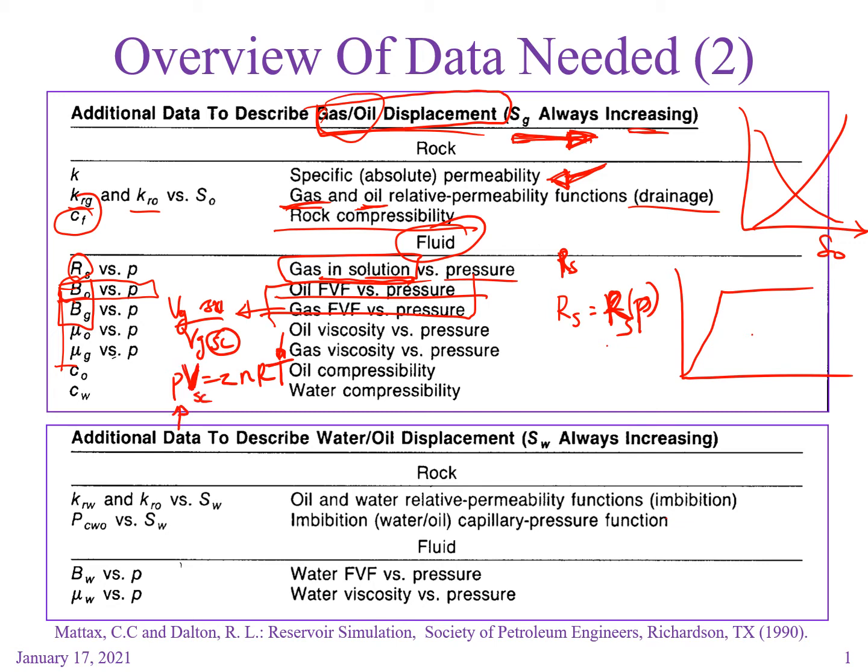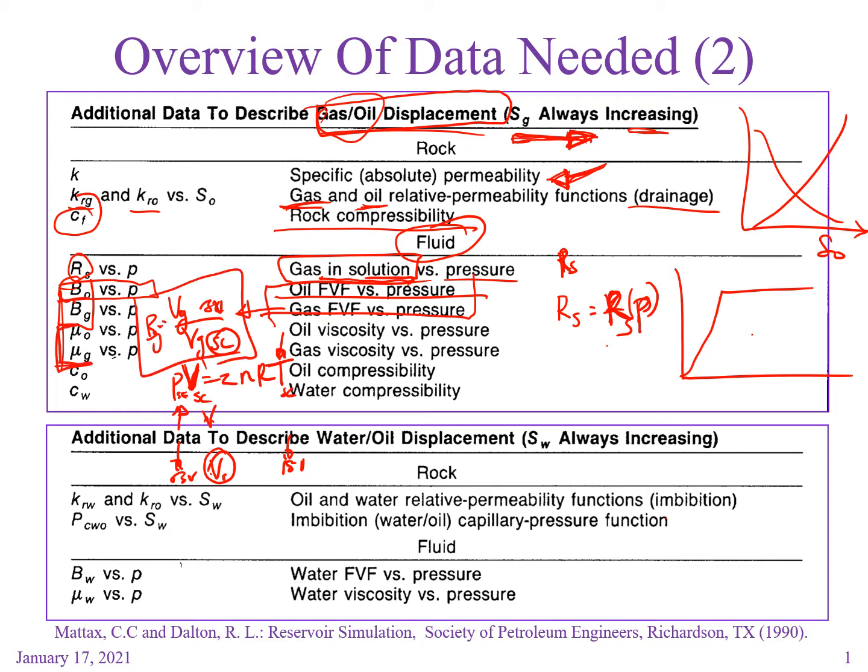Then instead of standard conditions, plug in pressure at reservoir conditions and temperature at reservoir conditions, and you will get what the volume should be at reservoir conditions. Then do the ratio of the two together, you get your BG, because BG is this.